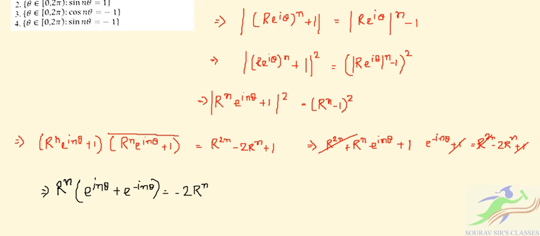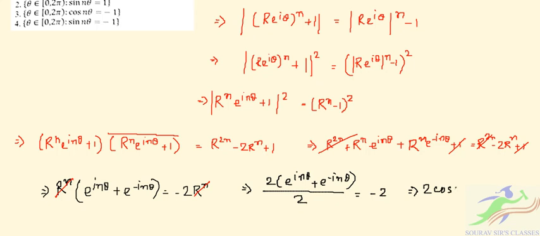This r to the power n will cancel out. If we divide both sides by 2, we have (e to the power i n theta plus e to the power minus i n theta) by 2 equal to minus 1, which is cos n theta, so the result is cos n theta equal to minus 1.